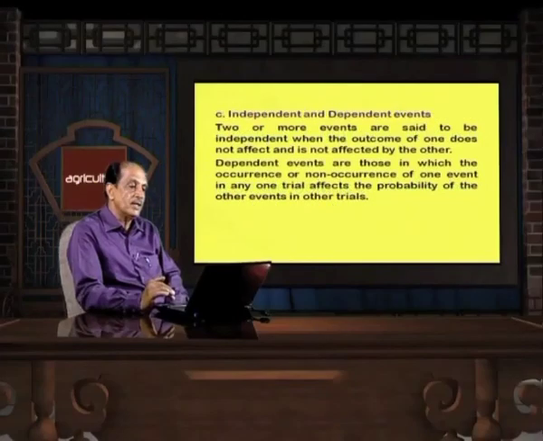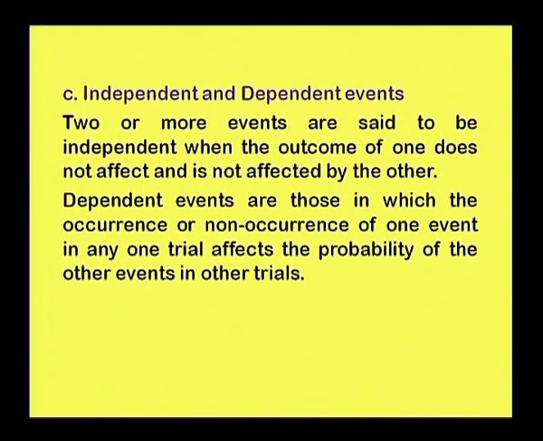And third is independent and dependent events. Two or more events are said to be independent when the outcome of one does not affect and is not affected by the other. Whenever one event has taken place, it does not affect the possibility of occurrence of the second event, because both are independent.